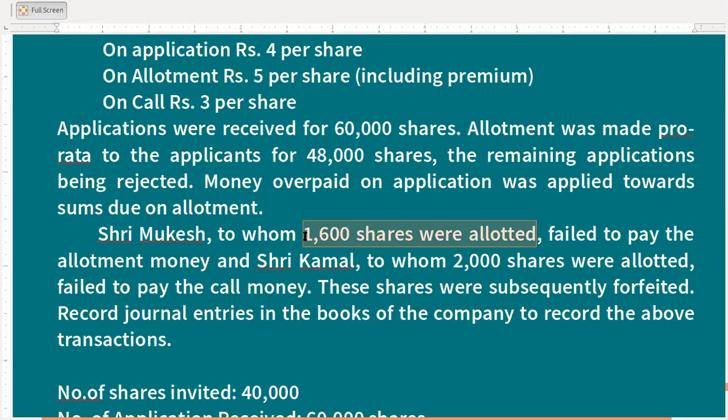Are you getting me, all of you? In order to identify the excess application money paid by Mukesh, we have to understand for how many shares he applied.